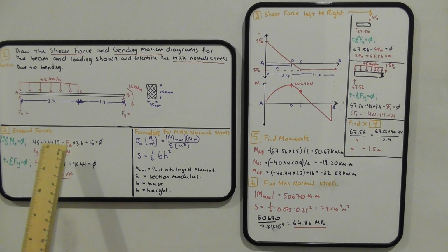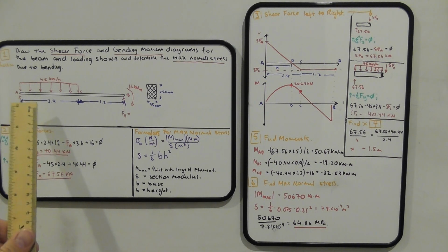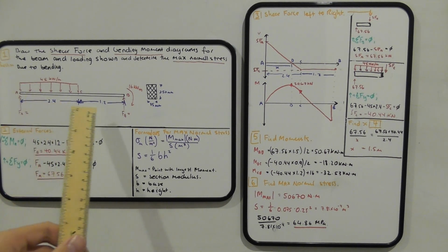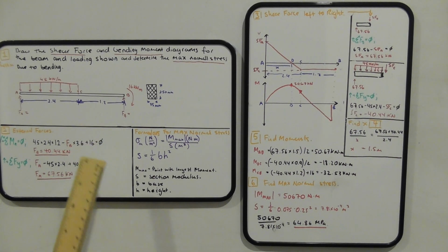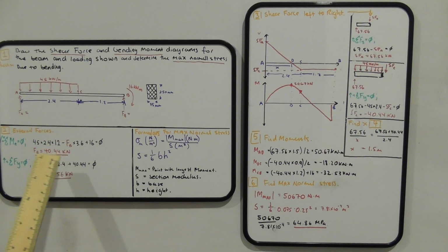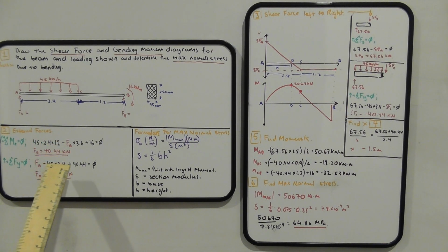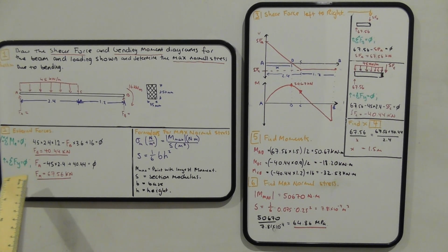And then FB will be multiplied by 3.6, which is just the addition of 2.4 and 1.2. And since we've defined the moment as positive clockwise, our 16 here is added as a positive, giving us 40.44 kilonewtons as a result.